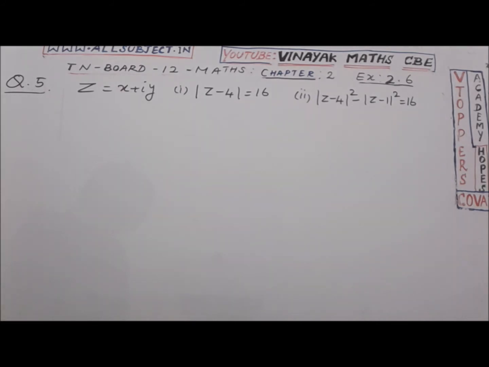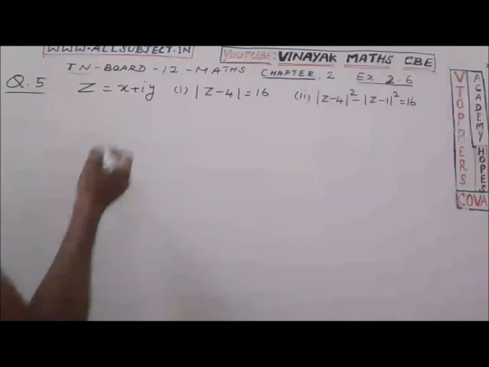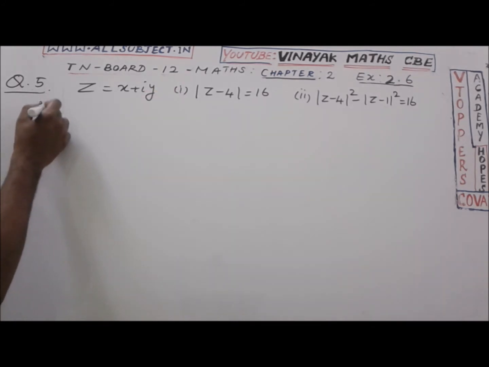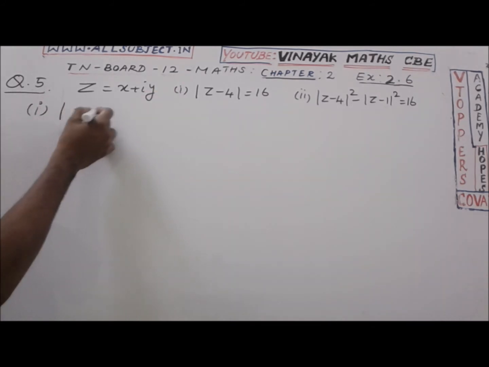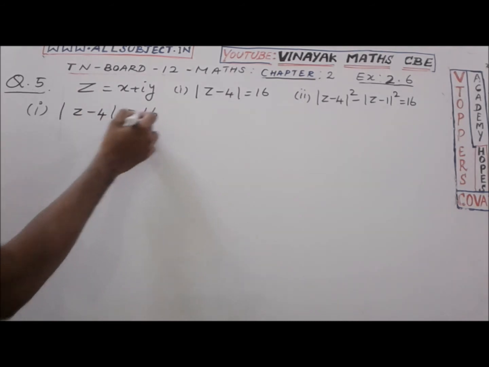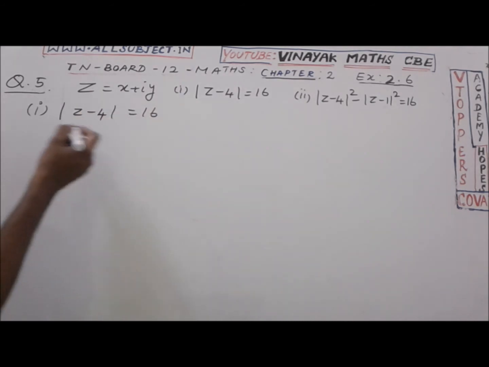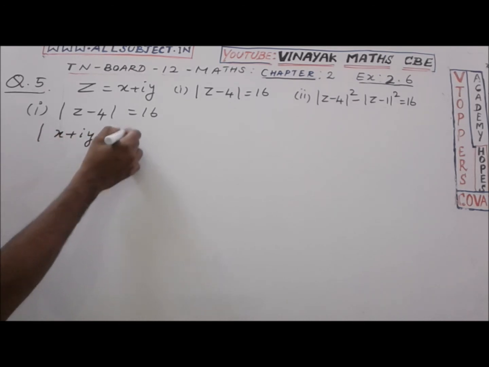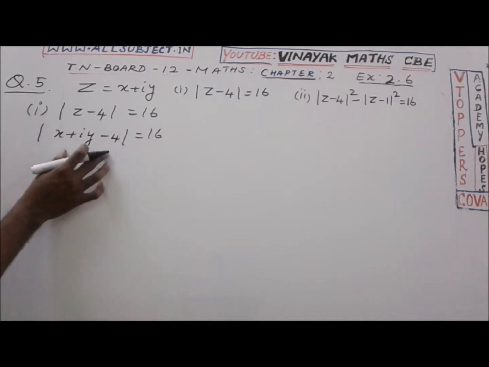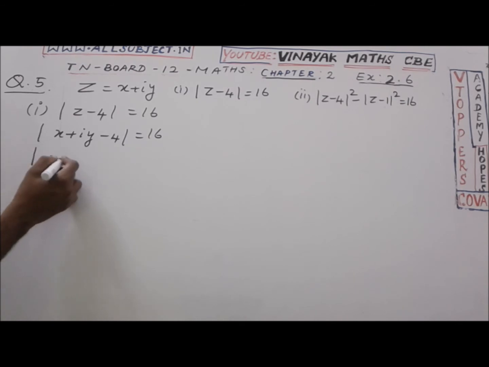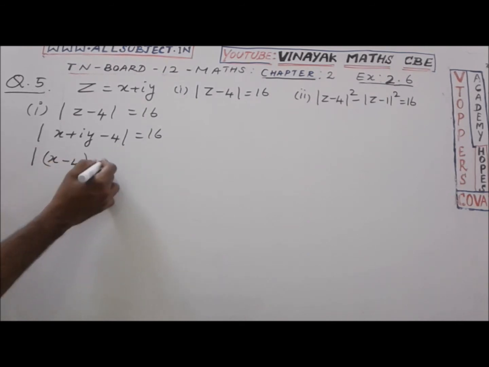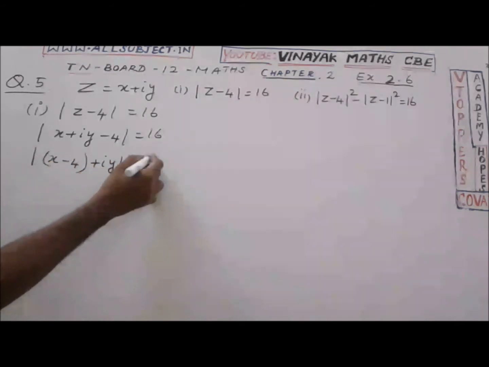Put z equal to x plus iy in it, which implies first subdivision modulus of z minus 4 equal to 16. Substituting z equal to x plus iy, x plus iy minus 4 equal to 16. Writing in rectangular form, x minus 4 plus iy equal to 16.